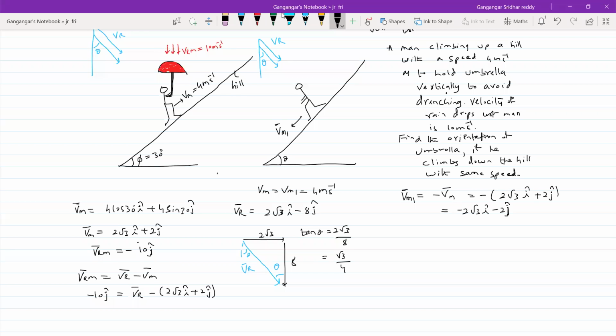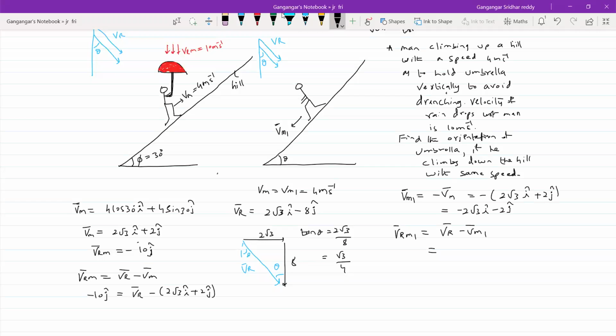Okay, now what will happen? Once we know this, VRM1 bar is equal to VR bar minus VM1 bar.